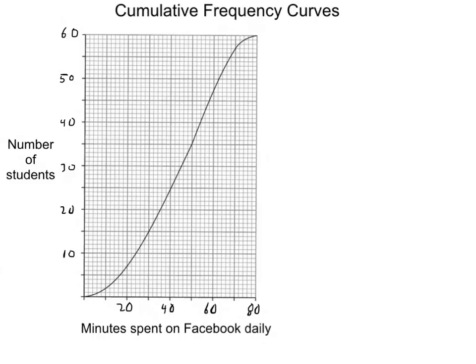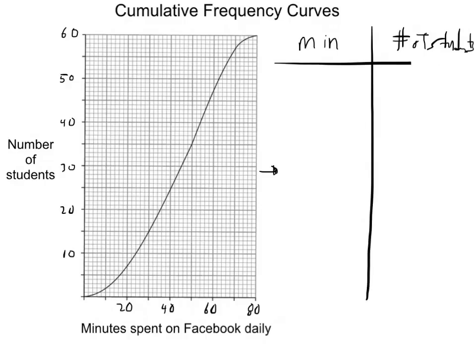What is it? I think one easy way to think about this is to rewrite it as a cumulative frequency chart. So on this side I put minutes, and on this side I put number of students. Sorry for my terrible handwriting, but we'll survive.